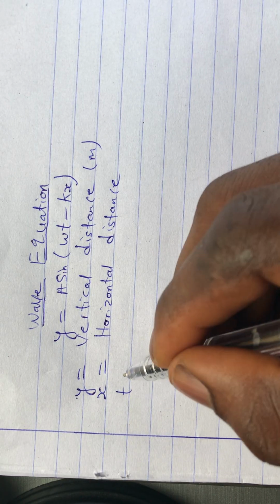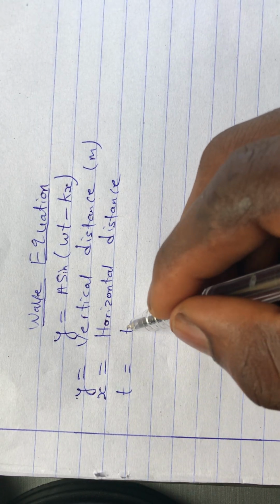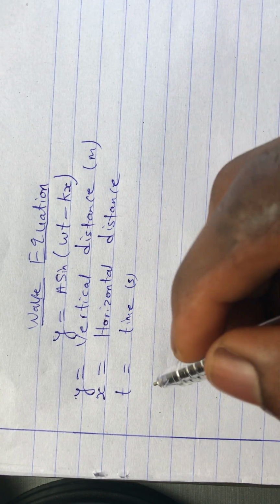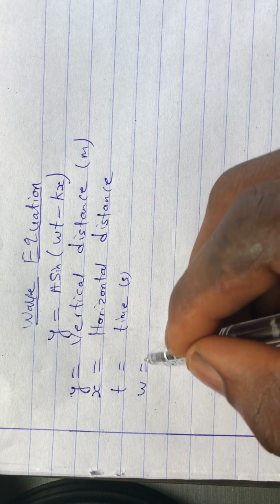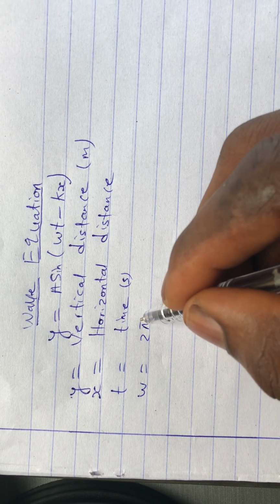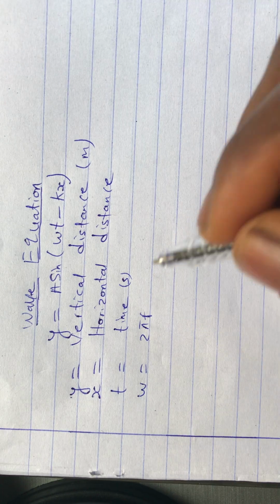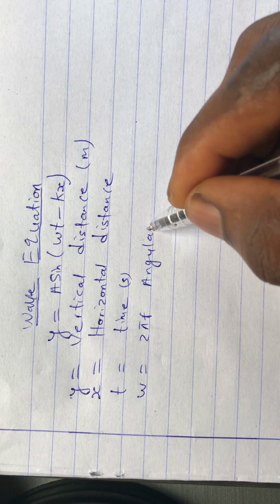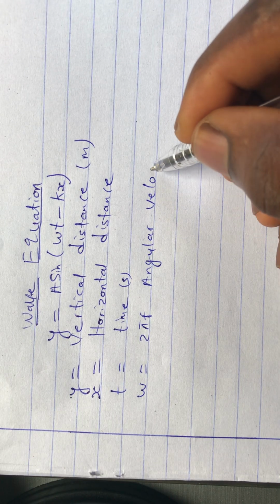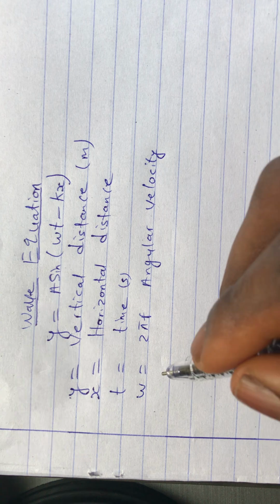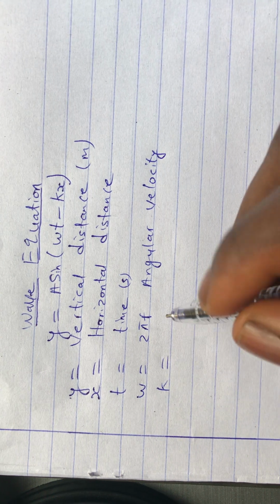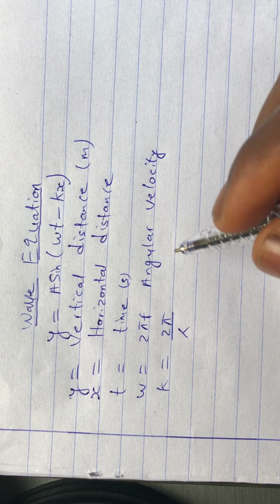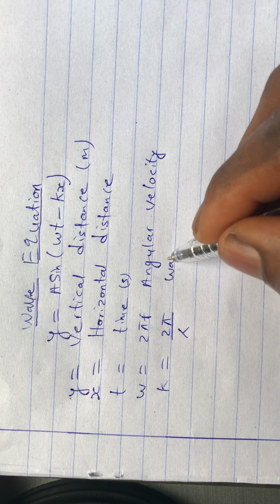Your t is time, which is measured in seconds. Your w is 2 pi f, which is your angular velocity. Your k is equal to 2 pi all over lambda, which is your wave number.